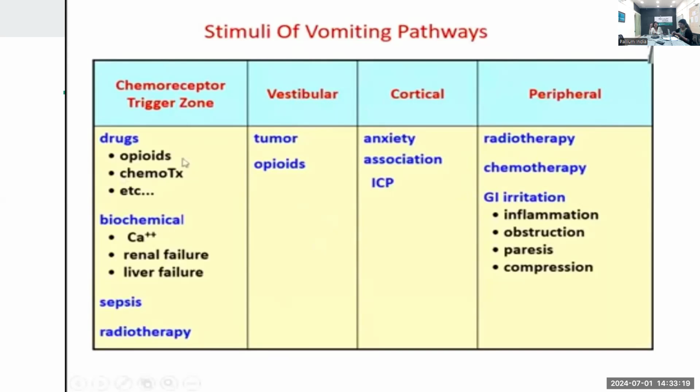The cortex, we already told, anxiety, anticipatory vomiting, association of raised intracranial pressure, that can affect the cortical pathway. Now coming to the periphery like the GIT, where we get radiotherapy, chemotherapy, and GI irritation. So these are the stimuli of vomiting pathways.